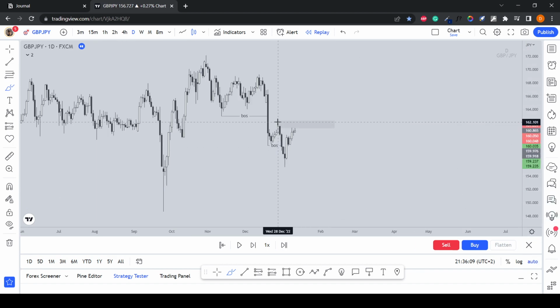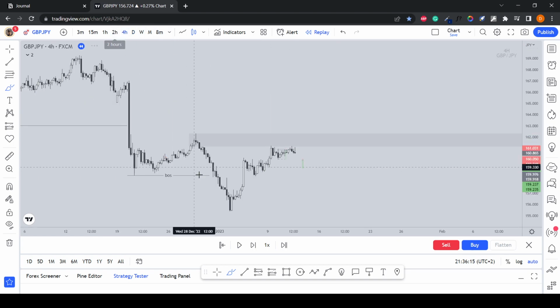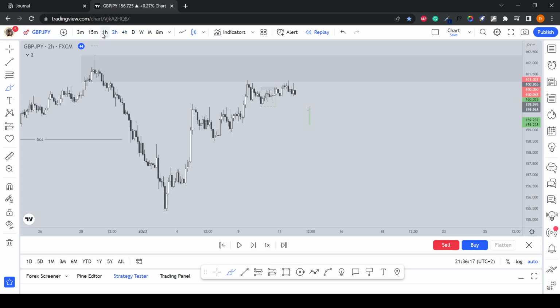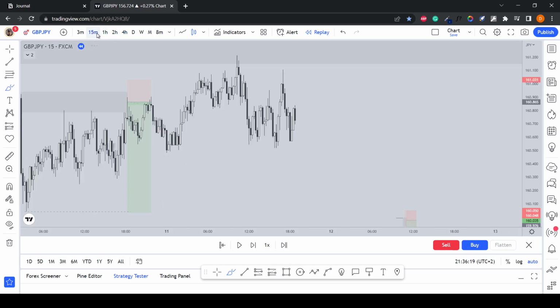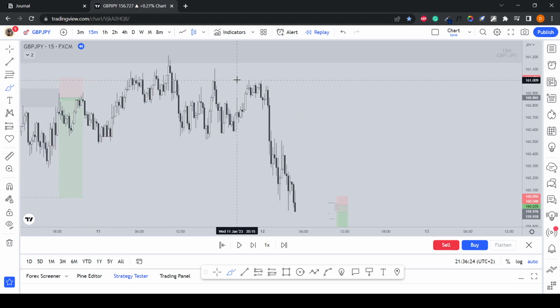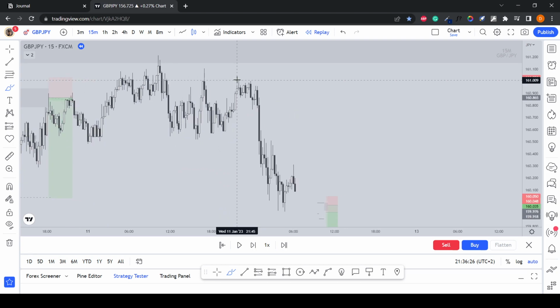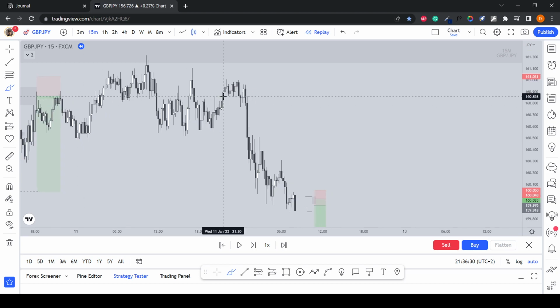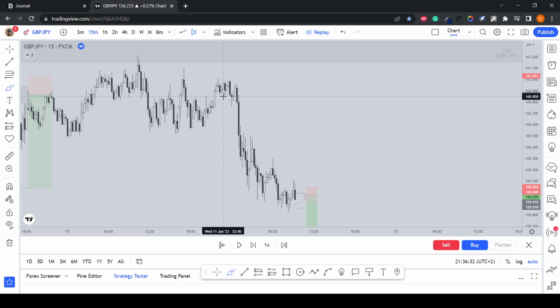So on daily we are still inside this range, and I was still looking for this zone for the price to meet the lower low and make a new low. And then a couple of days passed, so it was maybe Monday, and then on Wednesday I had this London session.